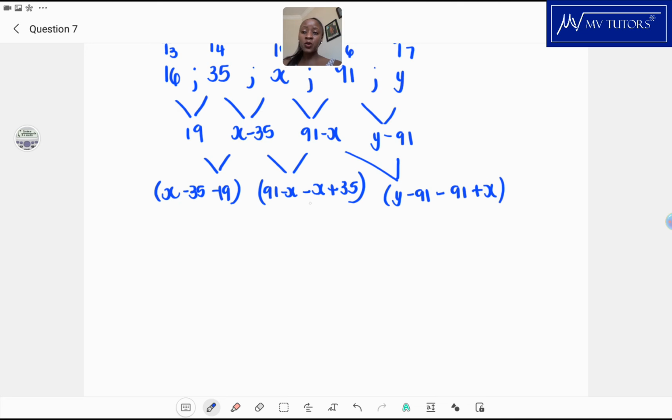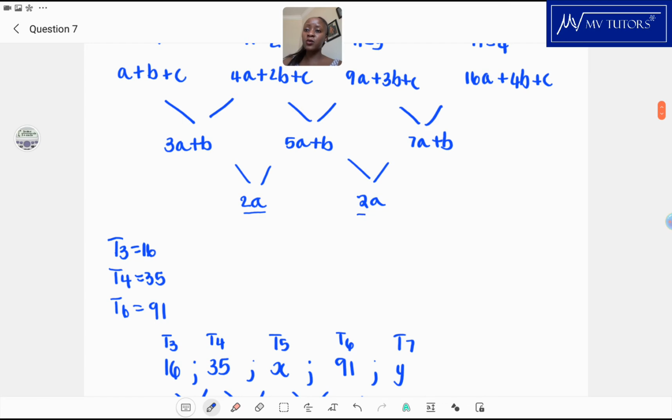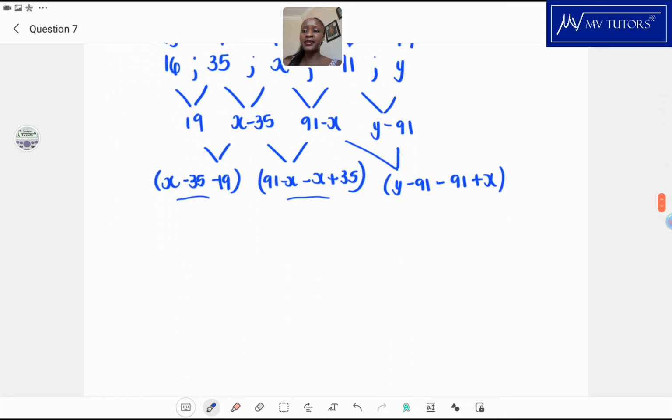And I'm not going to equate these two because I have x and I have y, and I need two equations to solve for two unknowns. So I'm going to go for these ones. I can use this term and that term, and equate them to each other, like we did here. We know that the second difference is equal for the quadratic pattern.